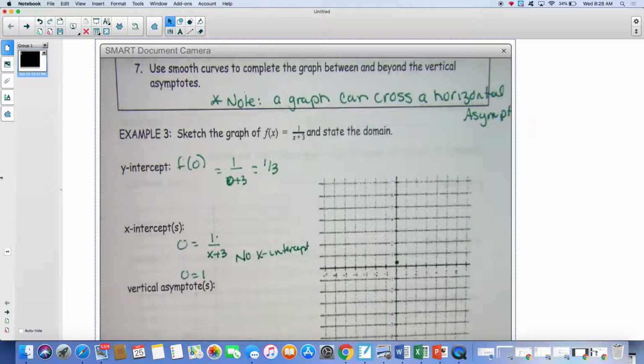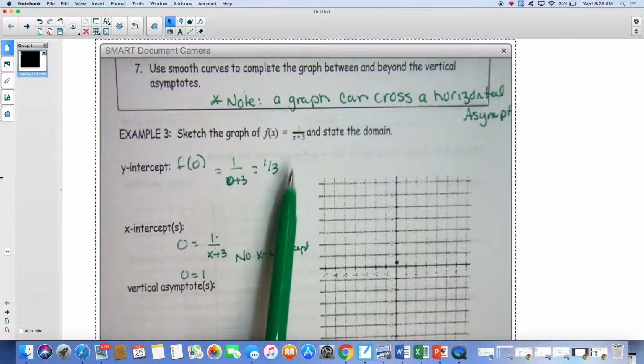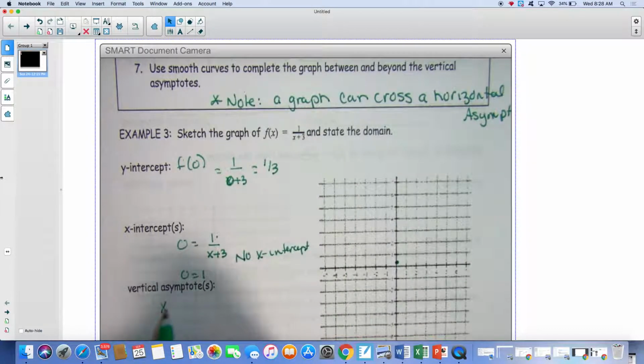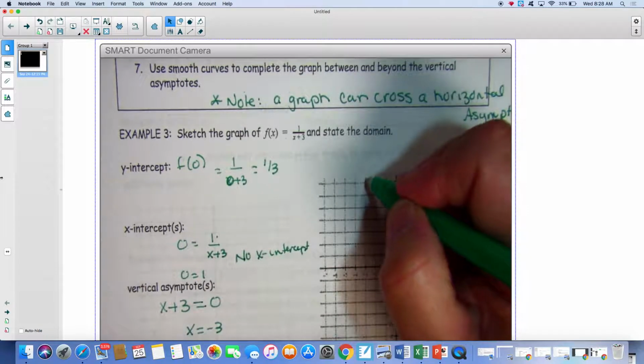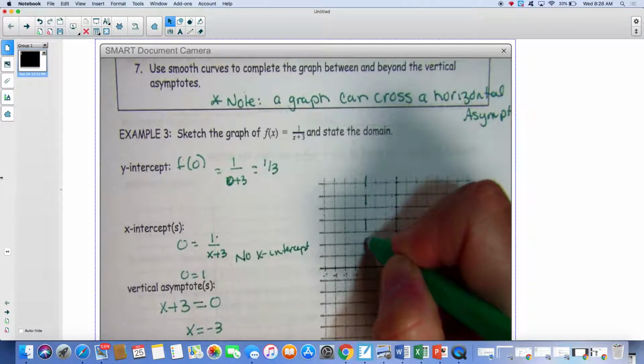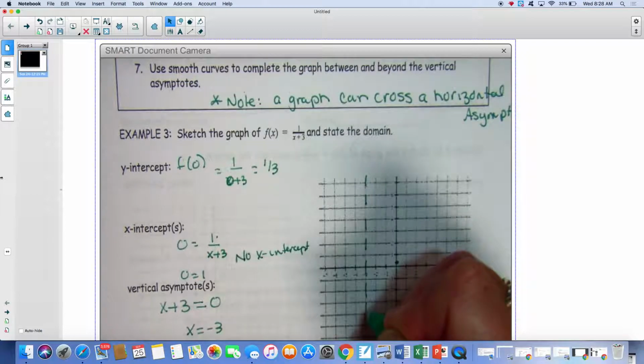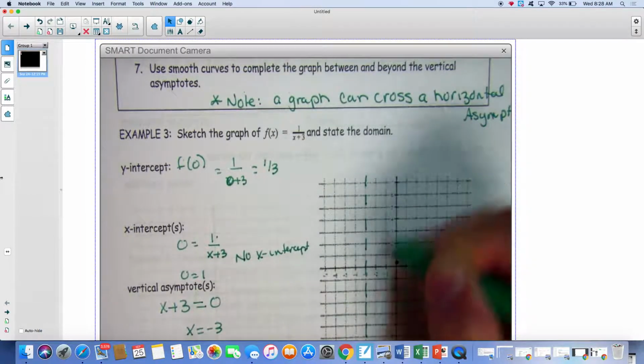Vertical asymptotes are found where? Well, this one can't be simplified anymore. So a vertical asymptote is where your denominator equals 0. So at x equals -3. Asymptotes are graphed with dotted lines.